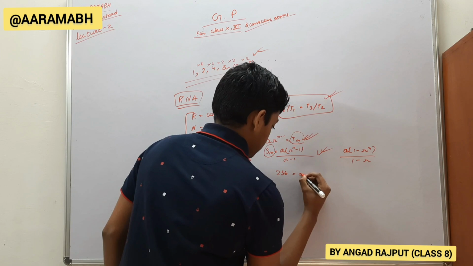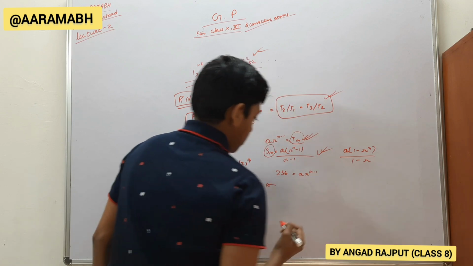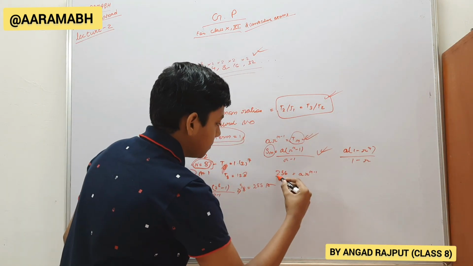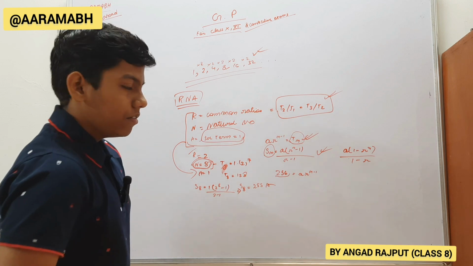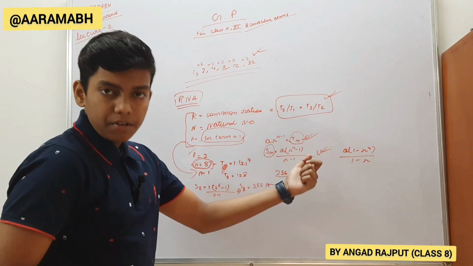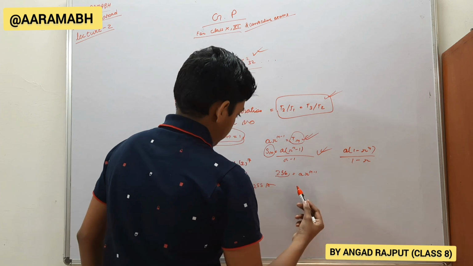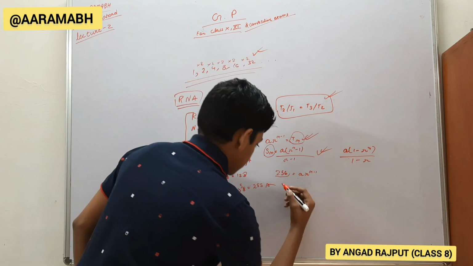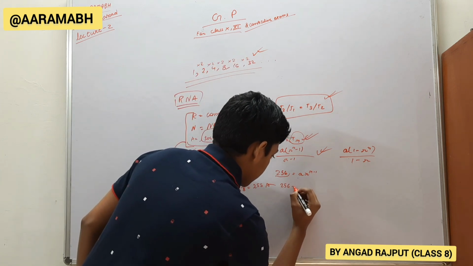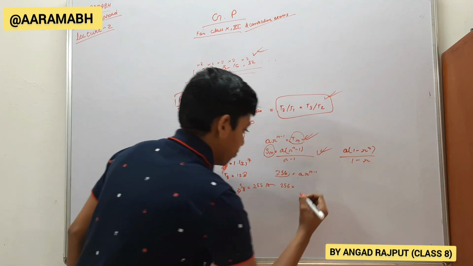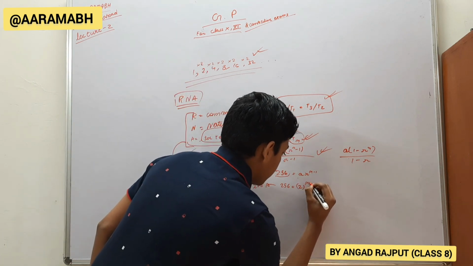So we will put it in place of Tn. So a r to the power n minus 1. What's a? 1. And what's r? 2. 2 to the power n minus 1.